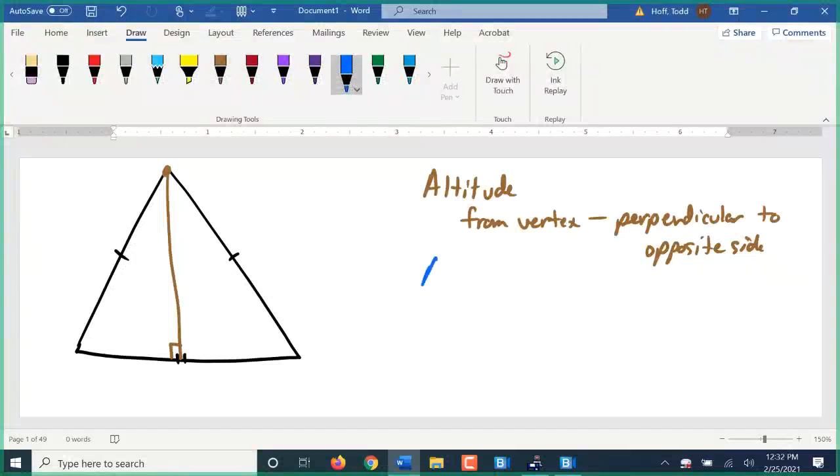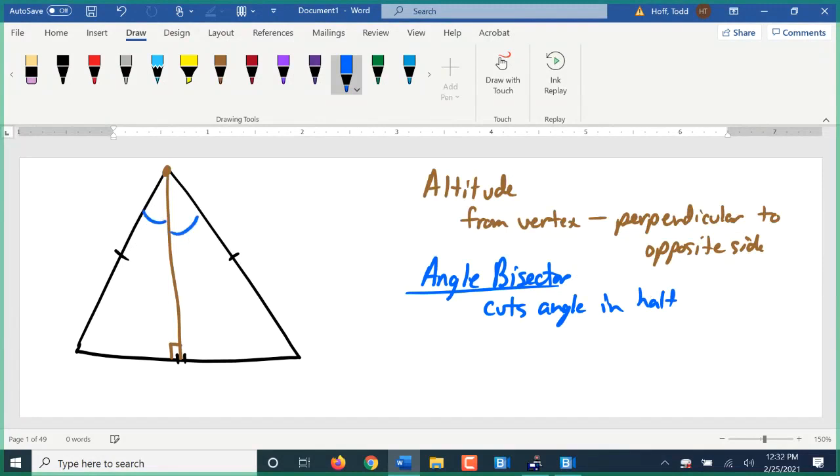We also talked a little bit about an angle bisector. An angle bisector cuts an angle in half. That would be cutting this angle here in half. And then we talked about a median. A median cuts a side of the triangle in half.